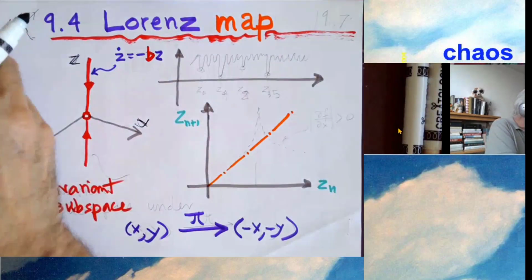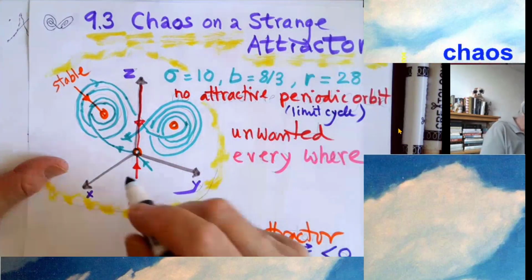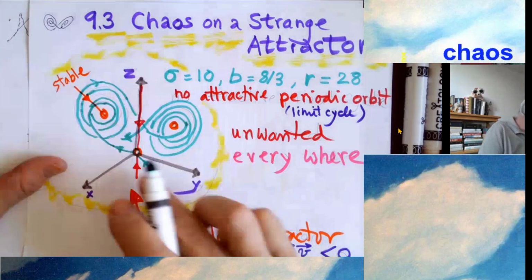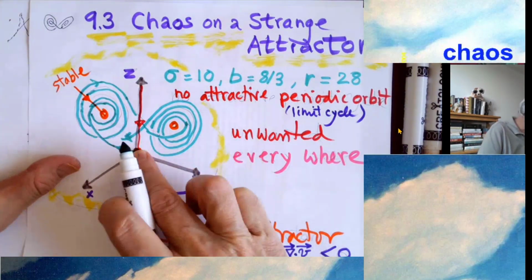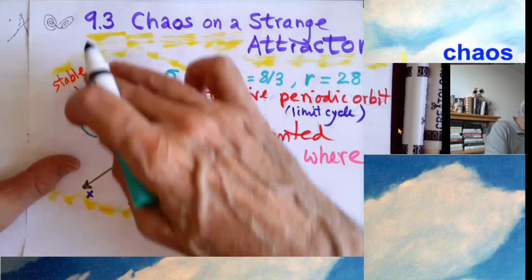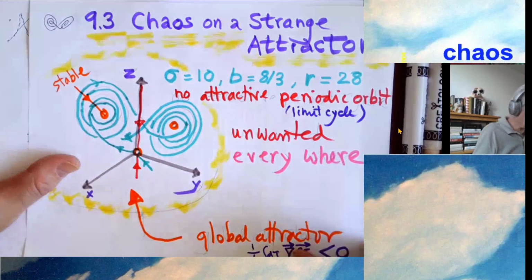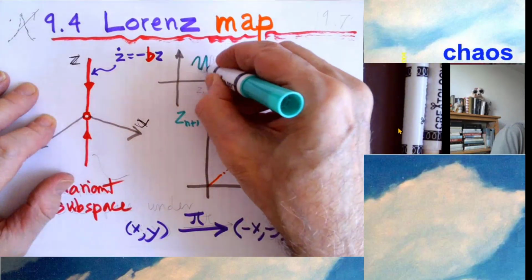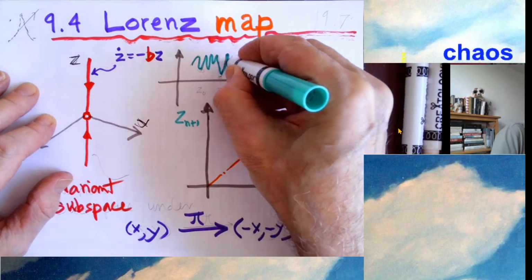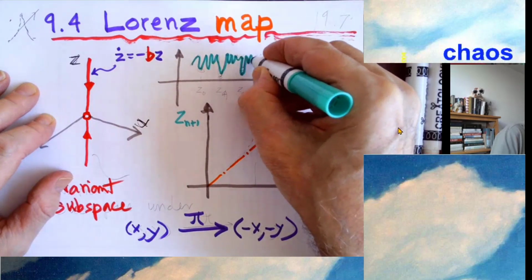Now, what happens to the z-axis, if you look at this in this three-dimensional projection, the orbit goes up and down, but it never goes down to the origin because it's quite unstable. But it has its maximum, minimum every time you go around. And it's positive. So it looks something like that. Get close, oscillate, get smaller, jump again.